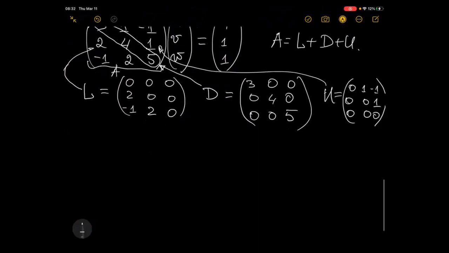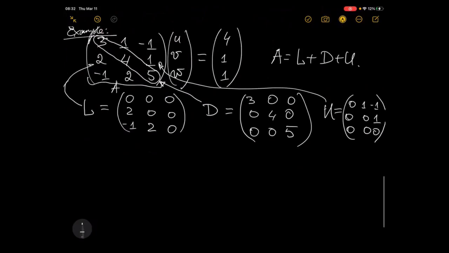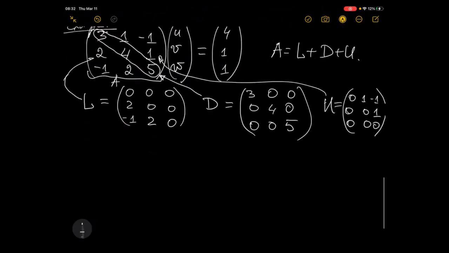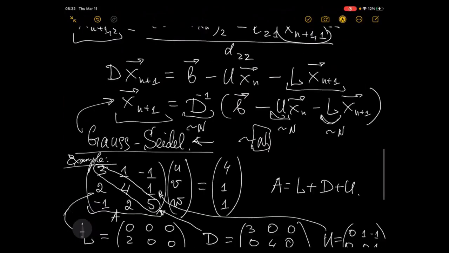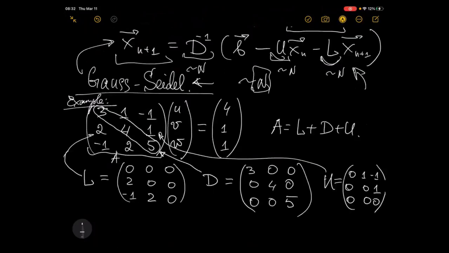Okay, then Gauss-Seidel will look like that. We are having x_{n+1} equals to, what will be D inverse?